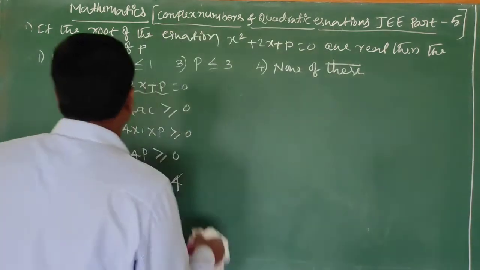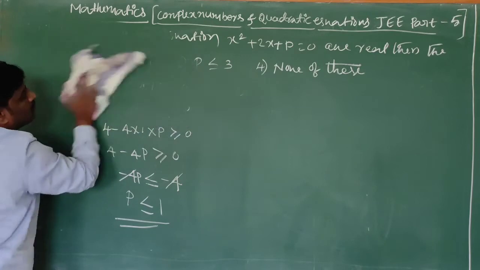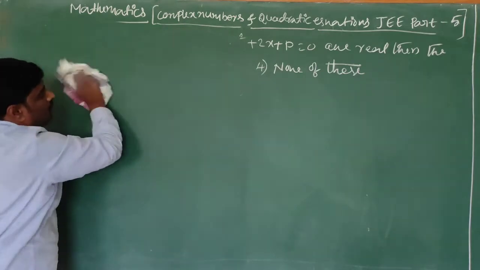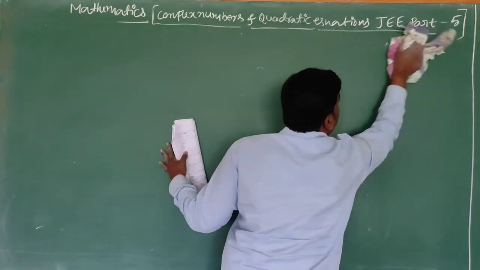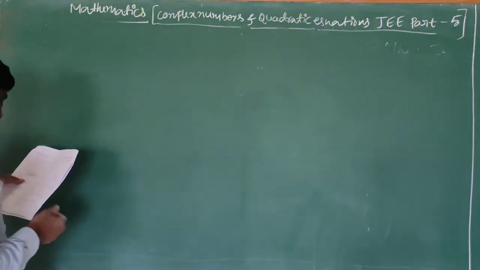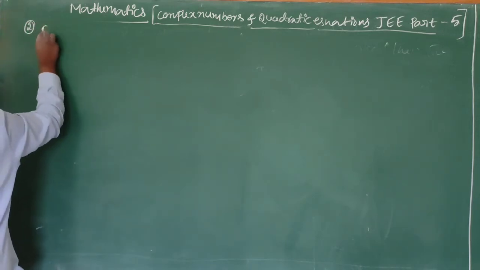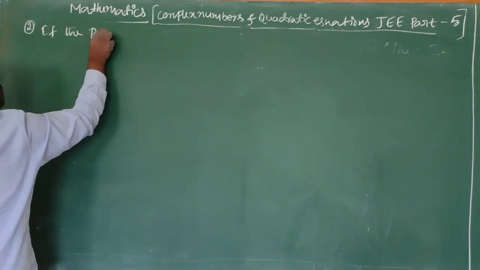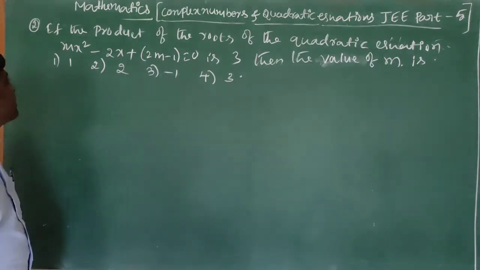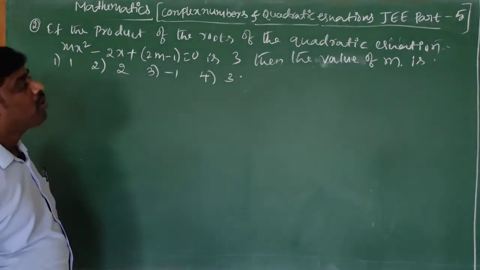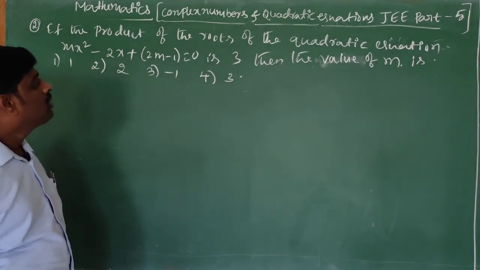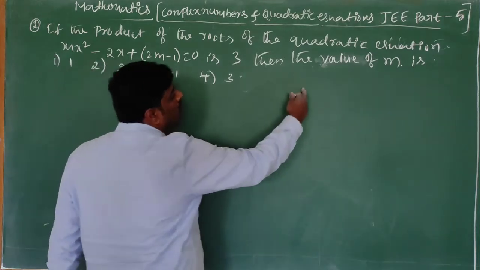So we'll move to the next question. If the product of the roots of the quadratic equation mx square minus 2x plus 2m minus 1 is equal to 0 is 3, then the value of m.